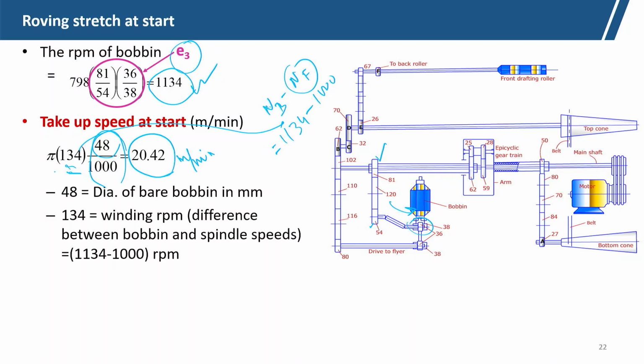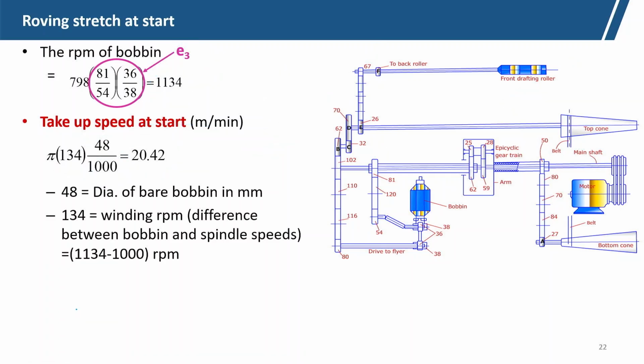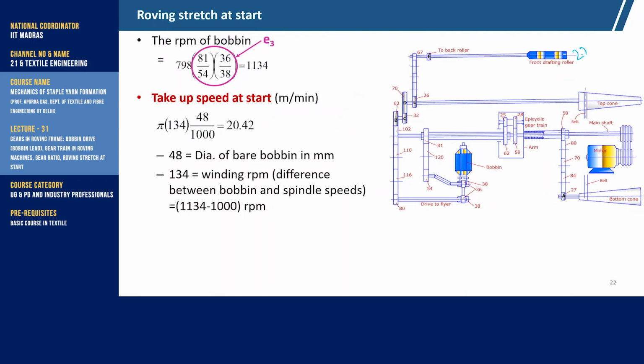Now, let us see what the delivery speed is. The delivery speed is fixed, so we can calculate it directly from the main shaft speed, knowing the gearing ratio and the diameter. The diameter we have also discussed, .27 millimeter, and we can calculate the RPM.